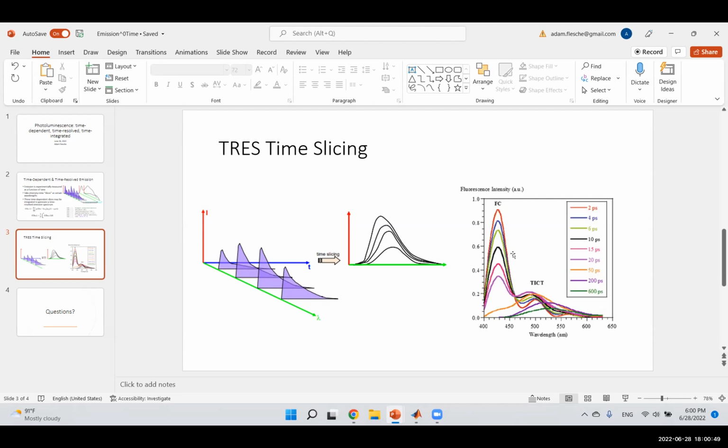They use this to explore solvent relaxation, which affects the rate of these processes, and charge transfer systems. So they looked at an intermolecular charge transfer system here, at all these different time slices. But that was basically all I had.